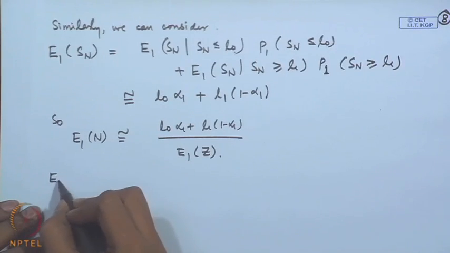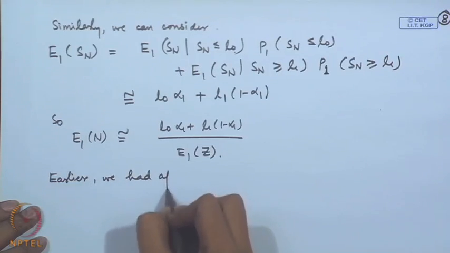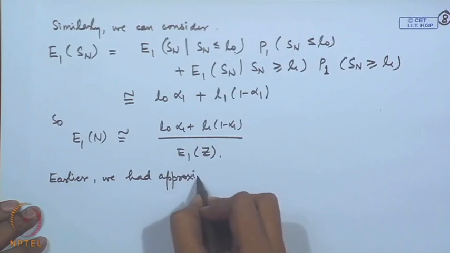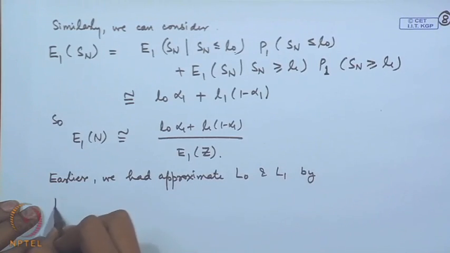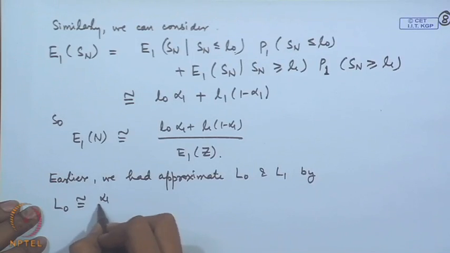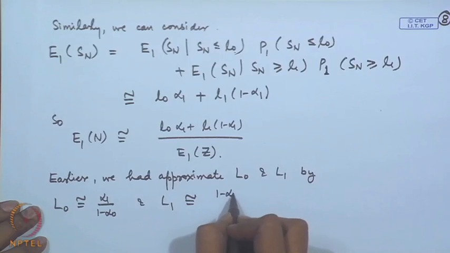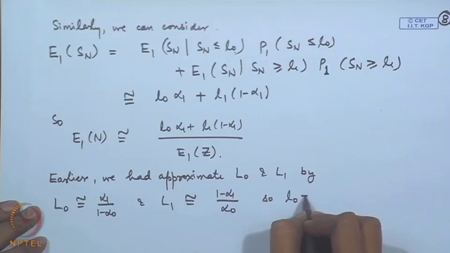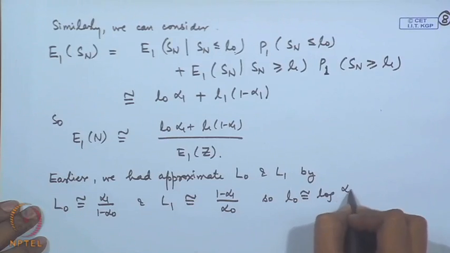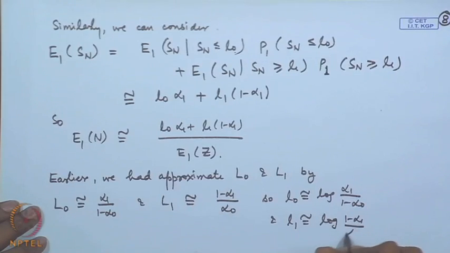Now, we have also earlier written that we had approximated L naught and L 1: L naught is approximately alpha 1 by 1 minus alpha naught, and L 1 is approximately 1 minus alpha 1 by alpha naught. So, if I take log, small L naught will be approximately log of alpha 1 by 1 minus alpha naught, and small L 1 is approximately log of 1 minus alpha 1 by alpha naught.